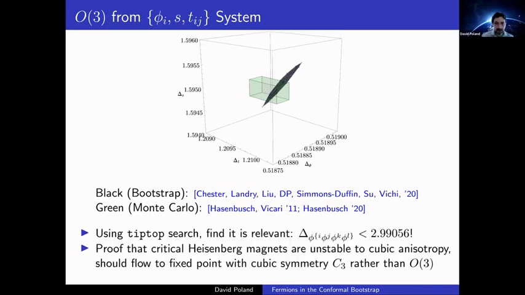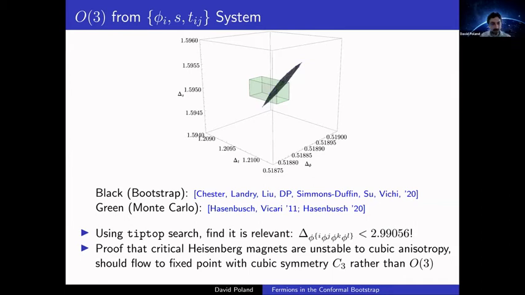So one thing we did is basically search over this island and ask, what is the maximal scaling dimension of this 4-index tensor? We try to maximize the gap until this 4-index tensor. And we designed a special kind of search, which helps us maximize its gap, called a tip-top search. And at the end of the day, we computed an upper bound on the scaling dimension of this operator in the O3 model, which is that it has to be less than 2.99.